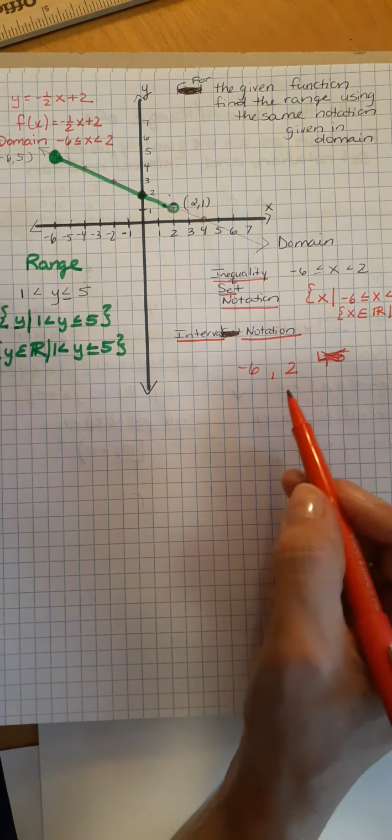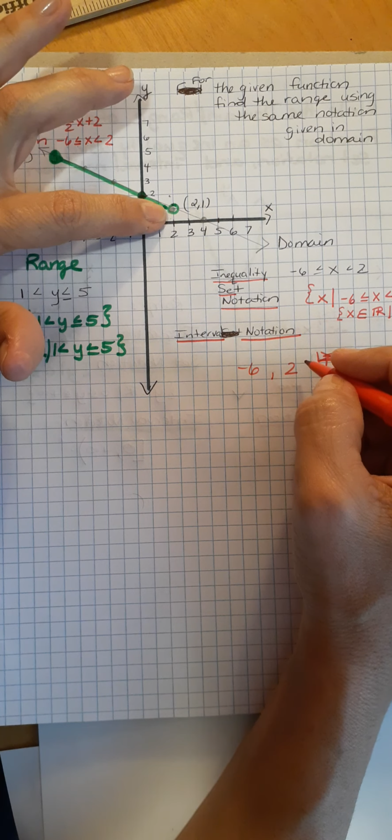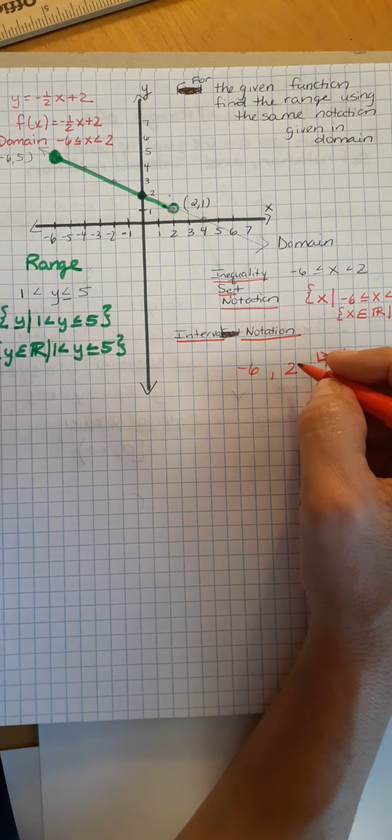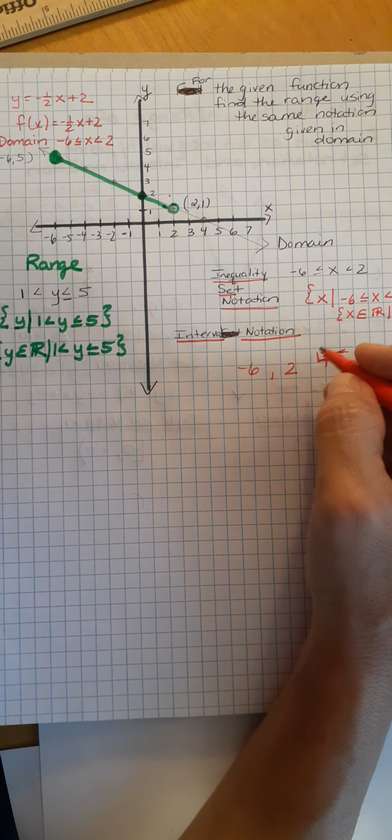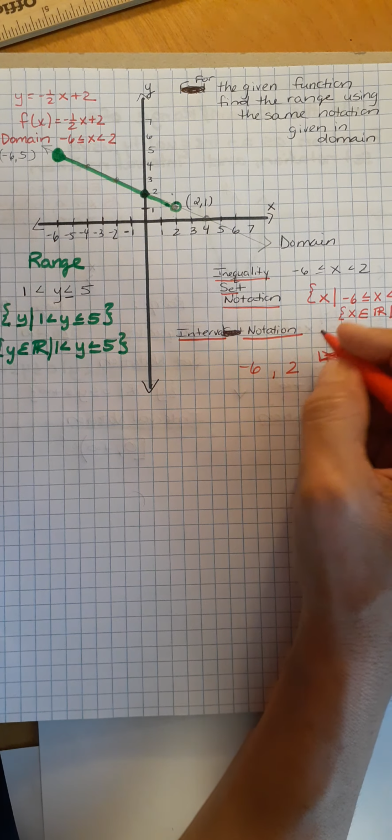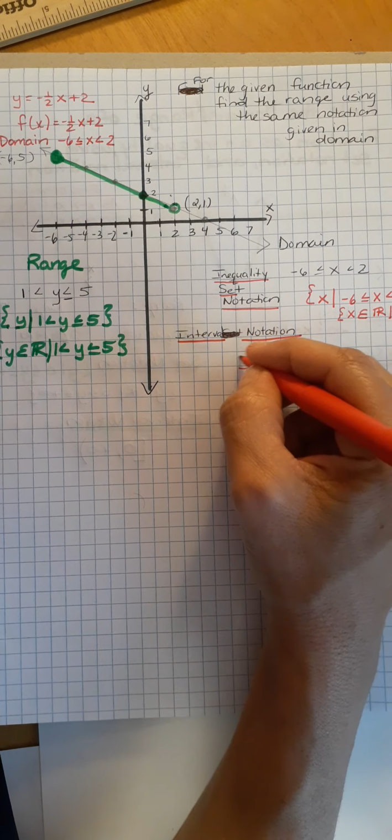So interval notation, does it include the 2? Okay, does it end? Well, this ends here, and this ends here.